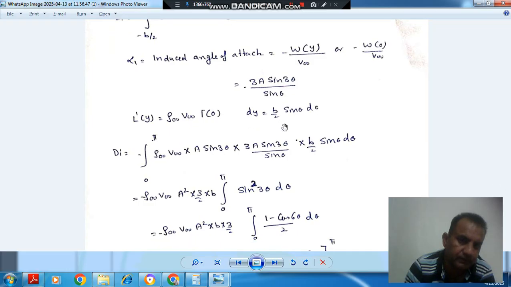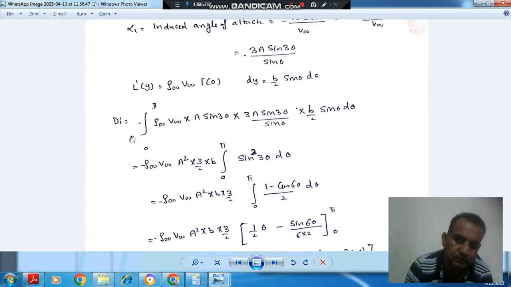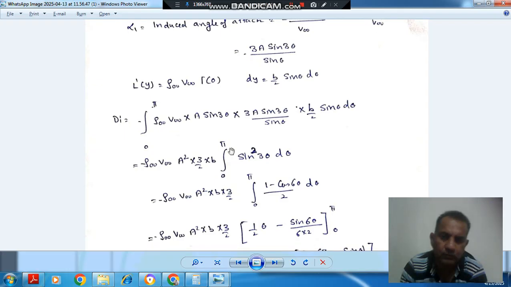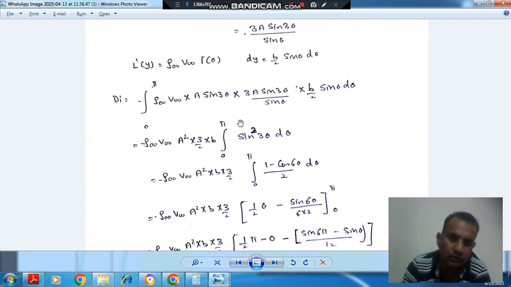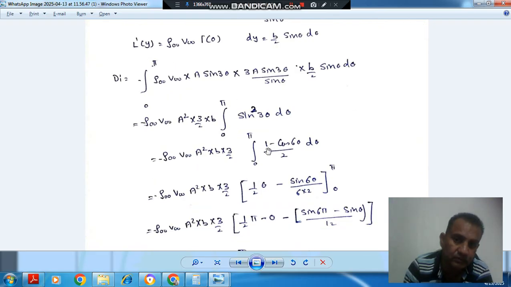So now if we put these values, it will be ρ∞ V∞ A sin θ, multiplied by the induced angle and dy, and it integrates to a term with π. Okay, so now this sin² 3θ can be written as (1 - cos 6θ)/2 dθ.